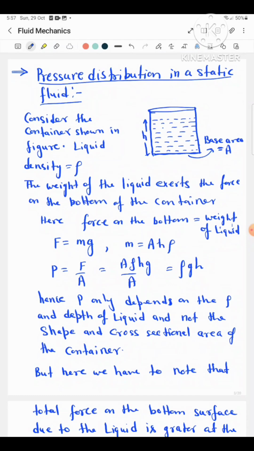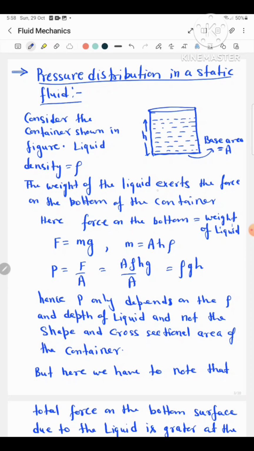Pressure distribution in a static fluid. Consider the container shown in the figure. The cross-sectional area is A and the height is h. The density of the liquid filled in the container is rho.